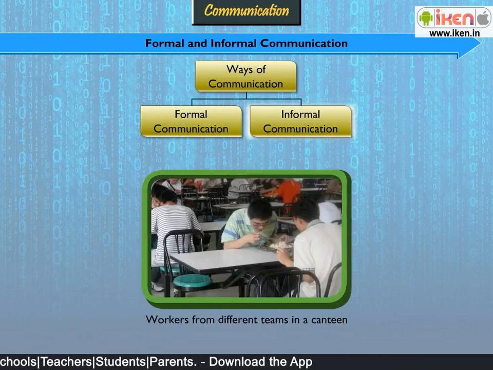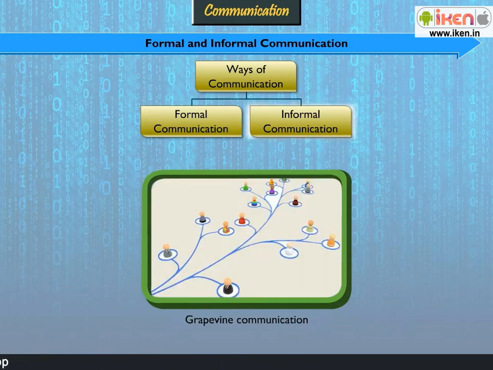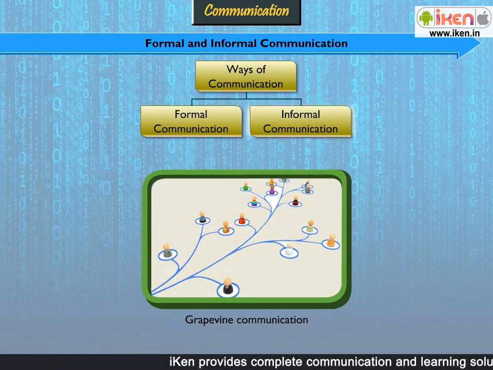Workers from different teams chit-chatting in a canteen about the behavior of the superior is an example of informal communication. Informal communication is generally referred to as the grapevine, as it spreads throughout the organization with its branches going out in all directions, irrespective of the levels of authority.